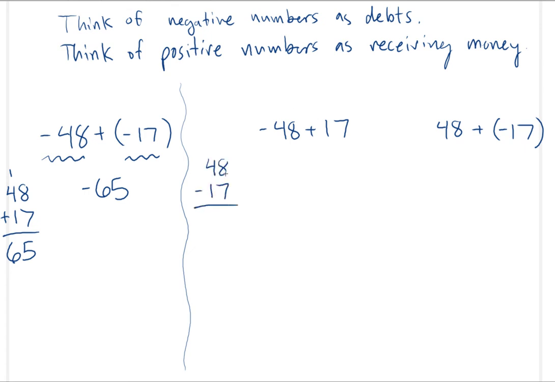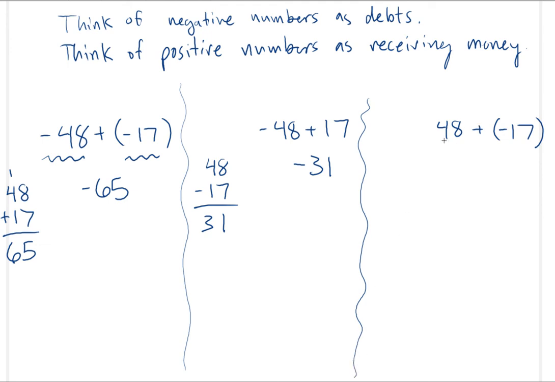Whenever you're doing this subtraction, you always put the bigger value on top and the smaller value on the bottom to do the mechanics of the subtraction. By value, I mean ignoring the sign, whether it's negative or positive. So 48 is a bigger value than 17. I subtract and I get 31, but I know that I am still in debt because the debt was bigger than the money I received.